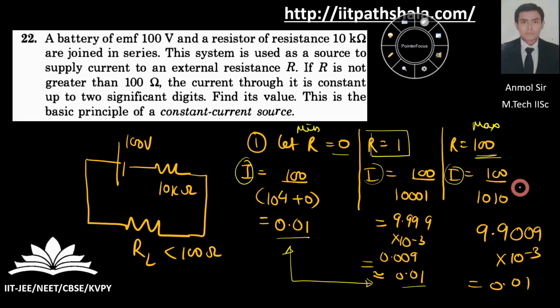In the third case also, after simplifying and rounding off, I was getting a current magnitude of 0.01. So that verifies my principle of constant current source. This battery in conjunction with this resistance is nothing but a constant current source, because it is delivering a constant current of 0.01 magnitude up until the resistance of 100 ohm.